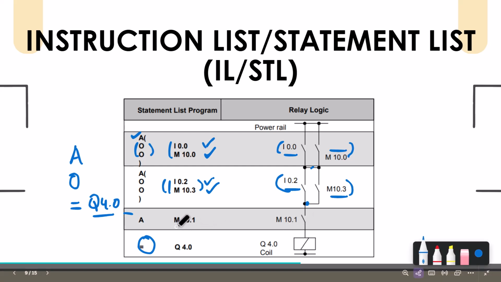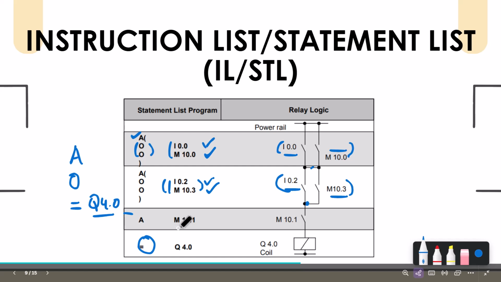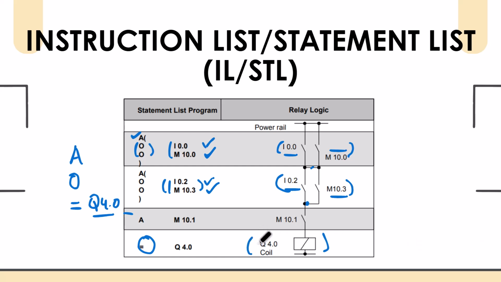On the left-hand side, you can see the AND operation, and the final result is fed to the Q4.0 coil. So this is a typical instruction list PLC code.